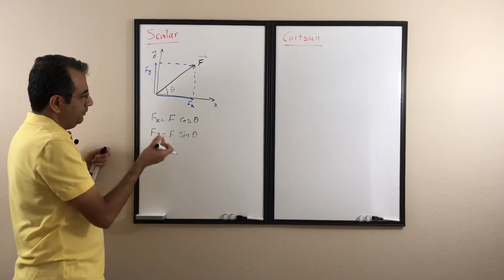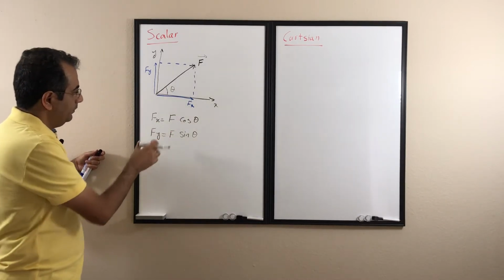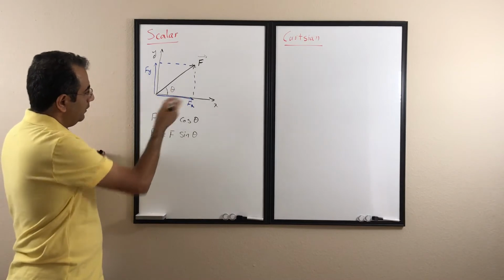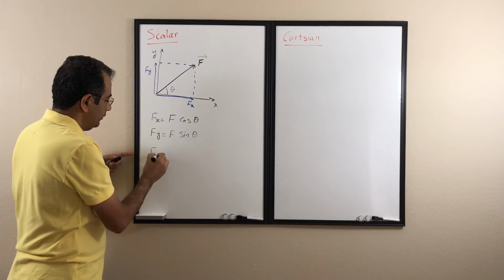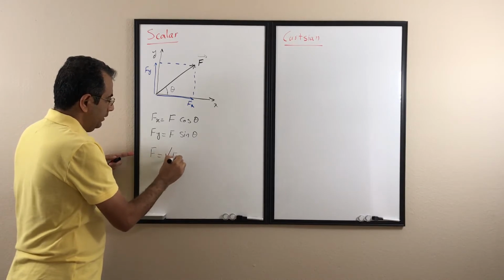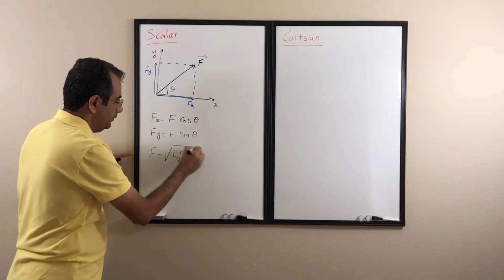If we have Fx and Fy and we need to calculate the resultant force from them, the magnitude of F is going to be the square root of Fx squared plus Fy squared.